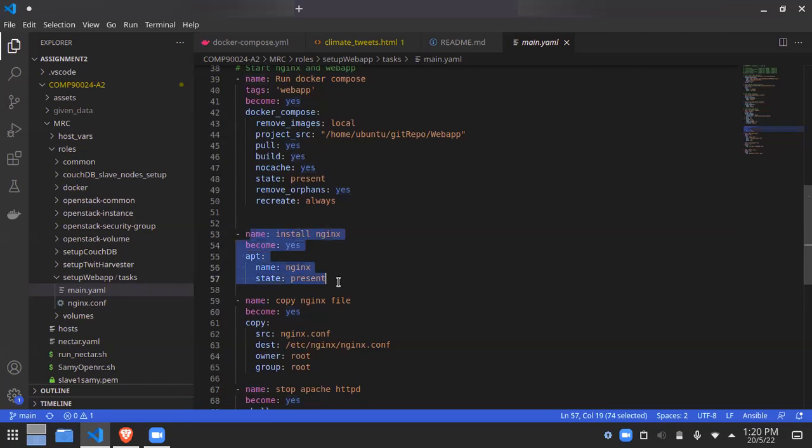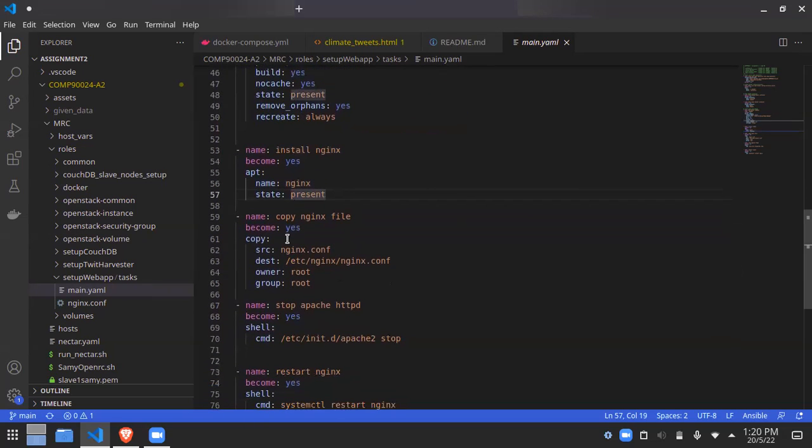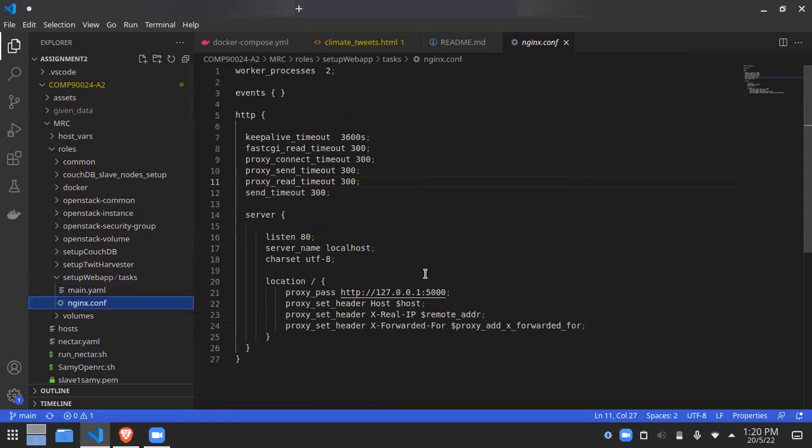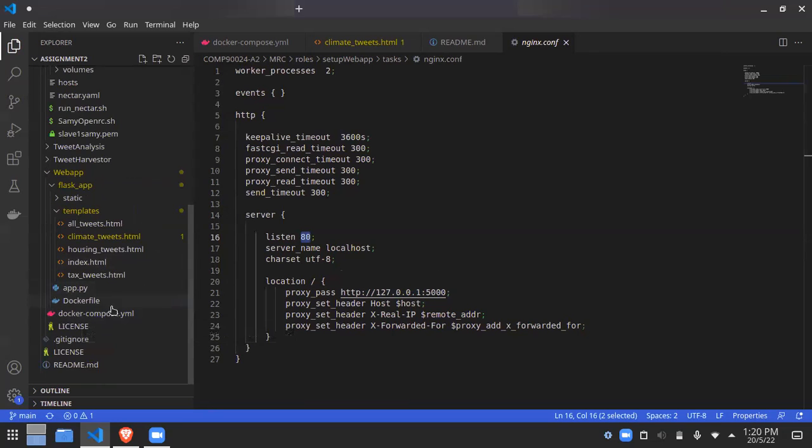It's installing Nginx directly to the server. And then it's copying this nginx.conf file, which basically maps the default port 80 with the local port of 5000, which is used by the web app here.